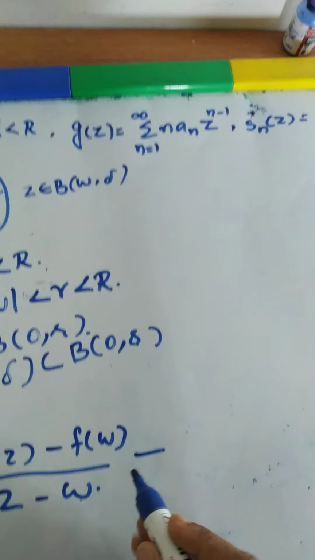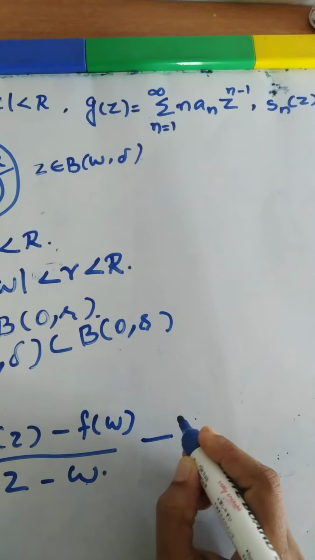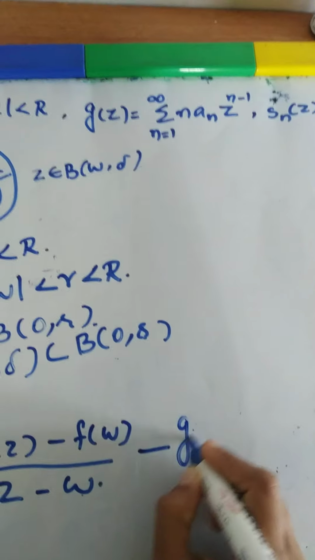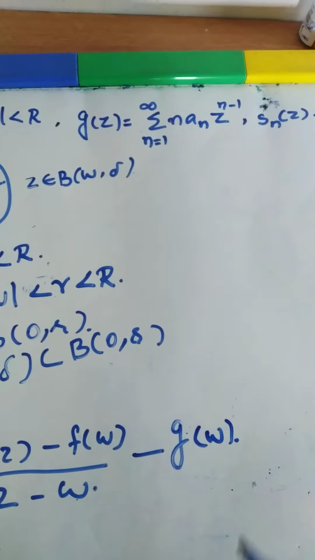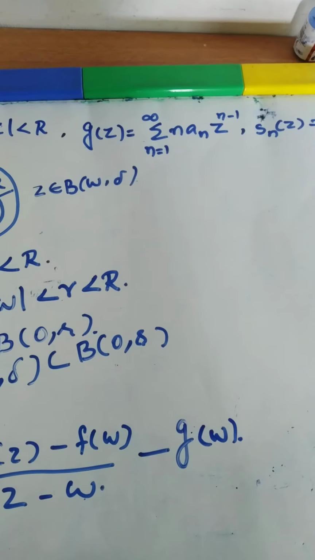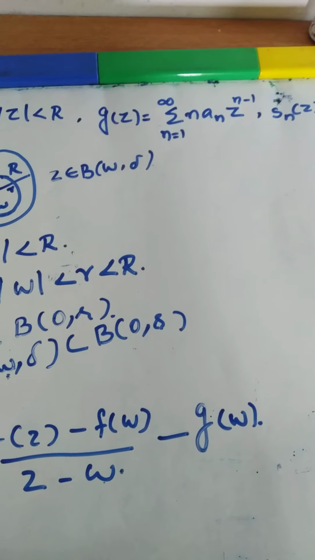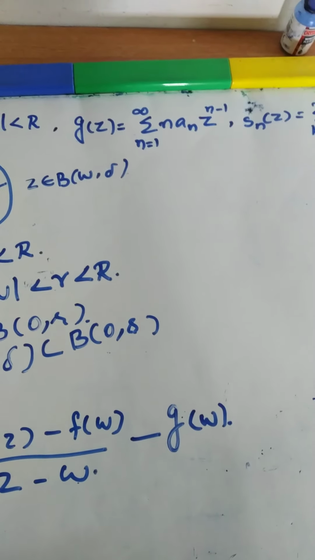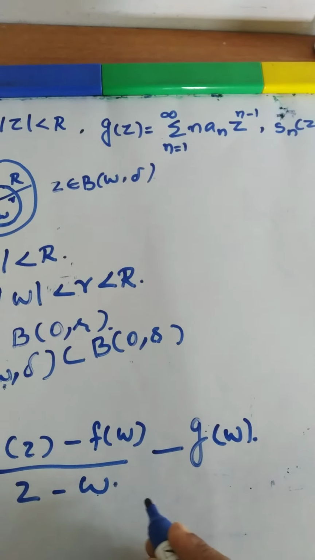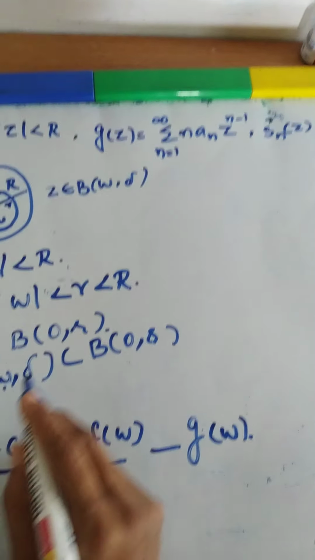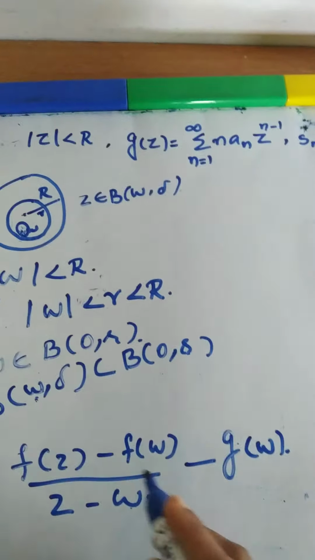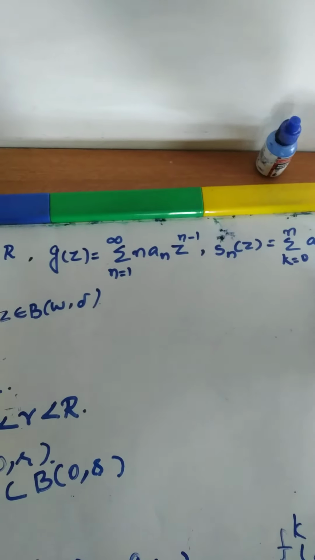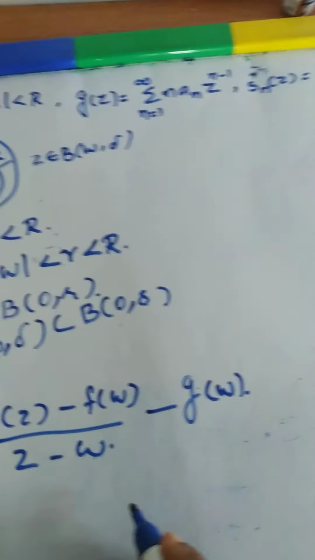So you can take here the term as G of W. F of Z minus F of W divided by Z minus W minus G of W. Now you try to convert these terms in terms of the previously defined terms. Okay, this is equal to this.